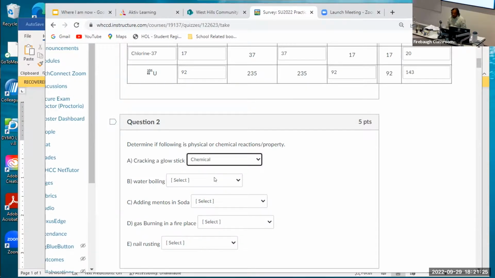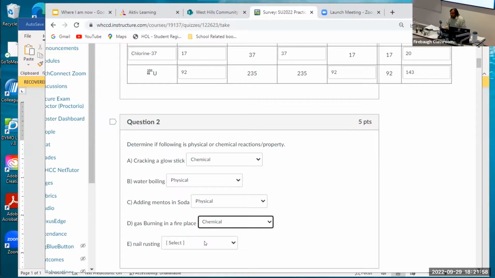That's physical. Mentos. A gas burning in a fireplace. That's chemical.